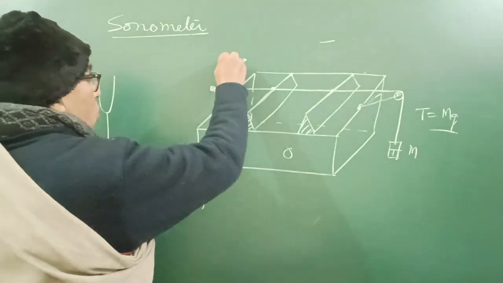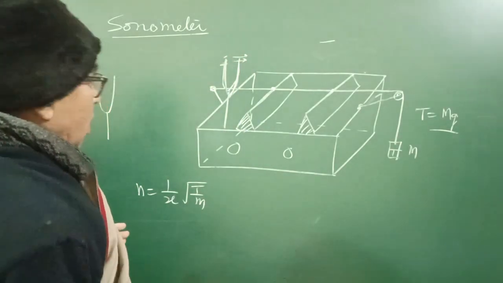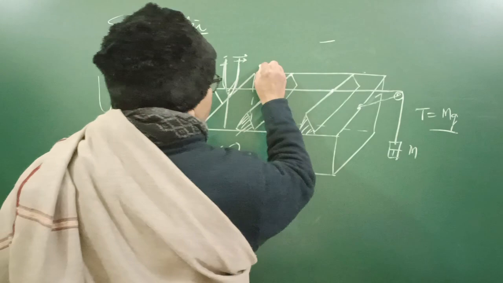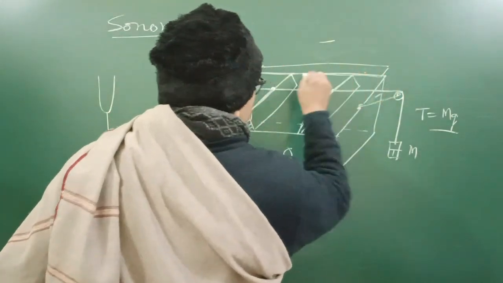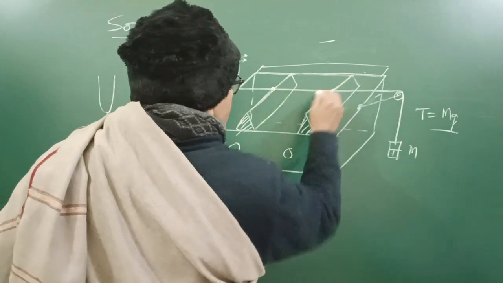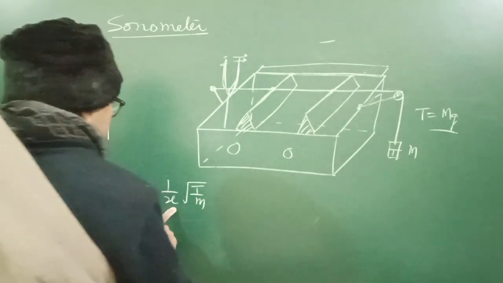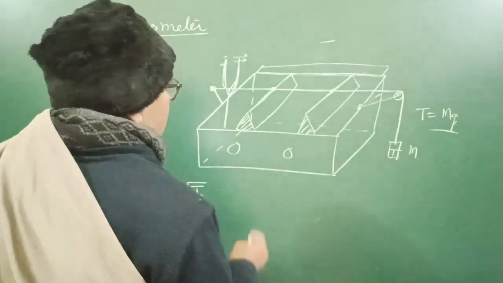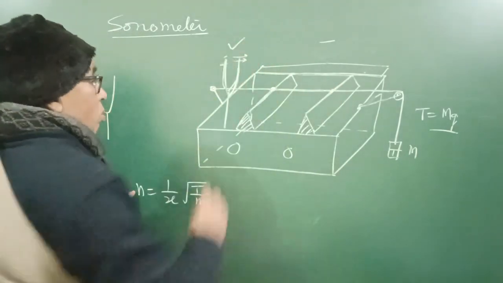Now, if we continue with the tuning fork vibrating here and adjust the length of the wire, here there will be a meter scale from which we can read the distance between the two bridges, or length of wire. So, by adjusting the length, we can obtain the length whose frequency is equal to the tuning fork.